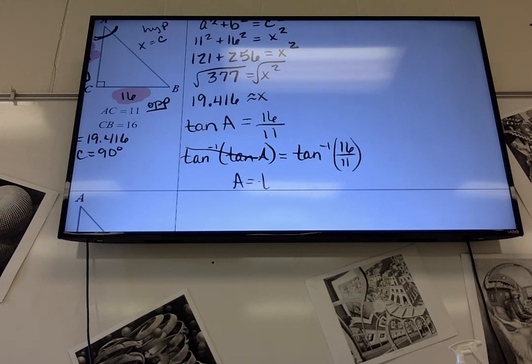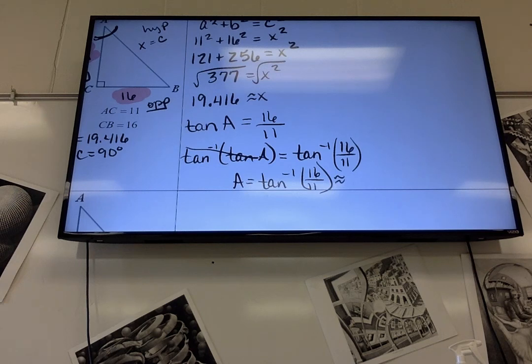So A is the inverse tangent of 16 over 11, which we can do. That is right above the tangent button. See in blue it says tangent with a little -1. That's the inverse tangent. So you do second tangent of 16 over 11.